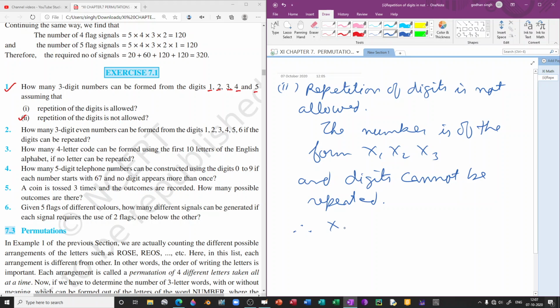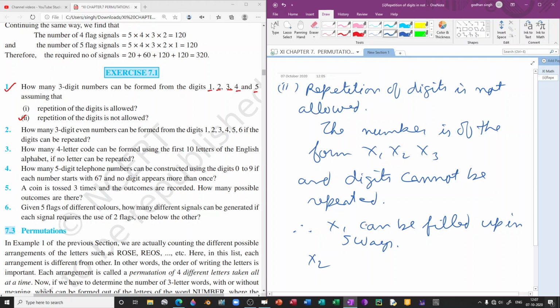Therefore, what we can say is that x1 can be filled up by any of the digits 1, 2, 3, 4 or 5. So x1 can be filled up in 5 different ways. Similarly, we can fill x2.